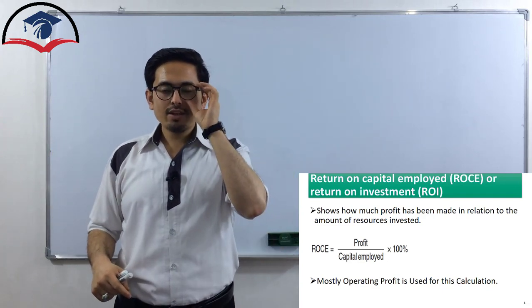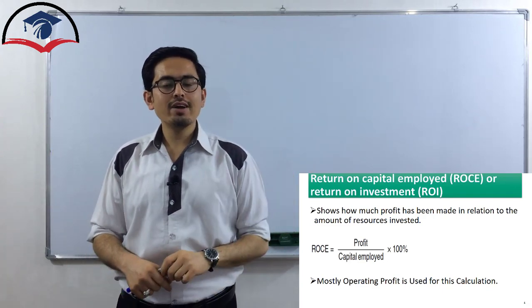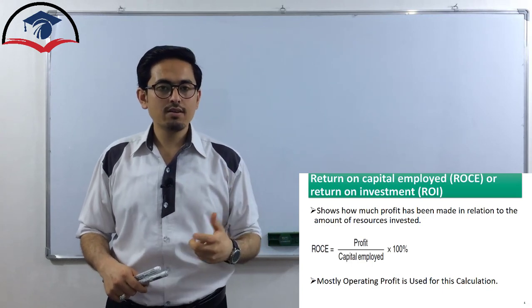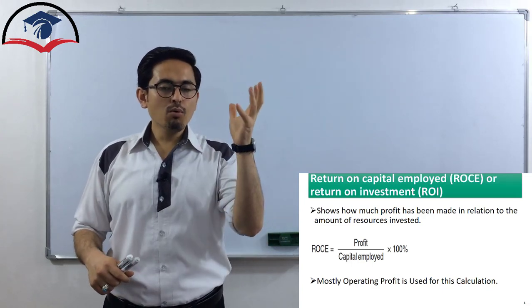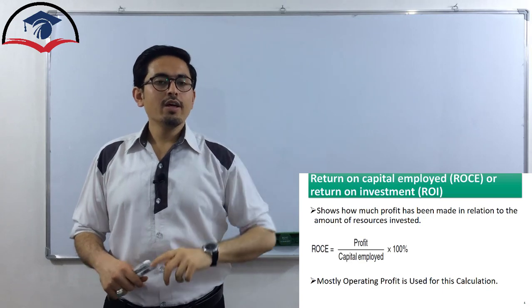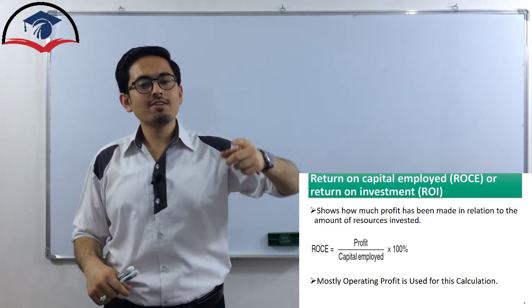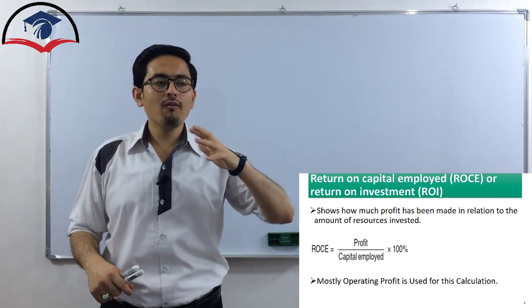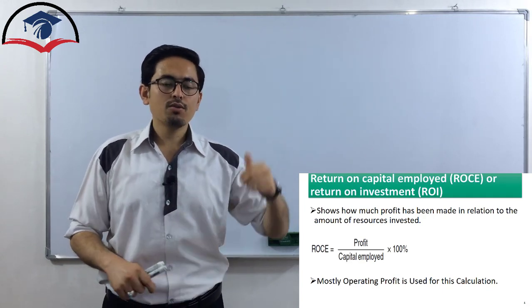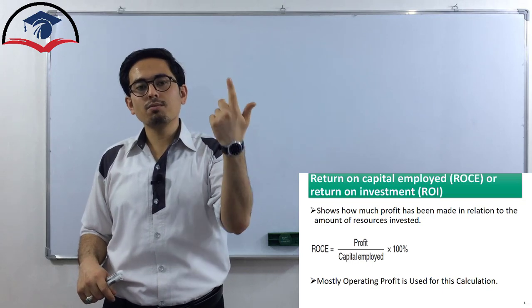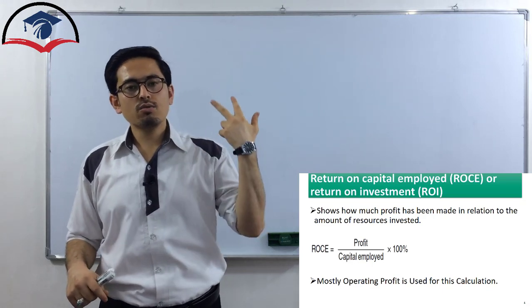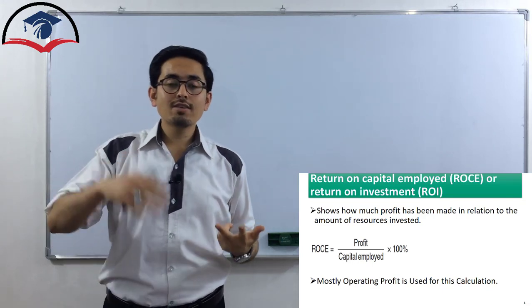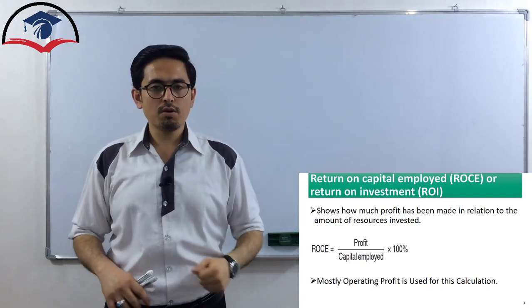The formula for that is profit divided by capital employed. For profit, mostly the profit before interest and taxes is used, but it can vary based on various professional bodies. You can use the net profit, the profit before tax, the profit before interest and tax, and even the gross profit.